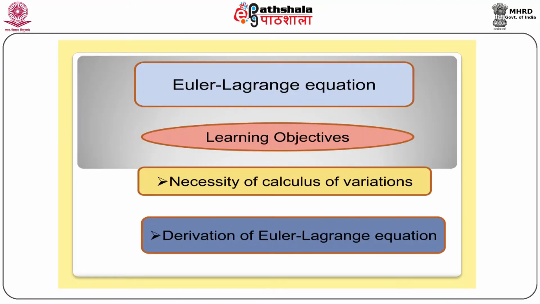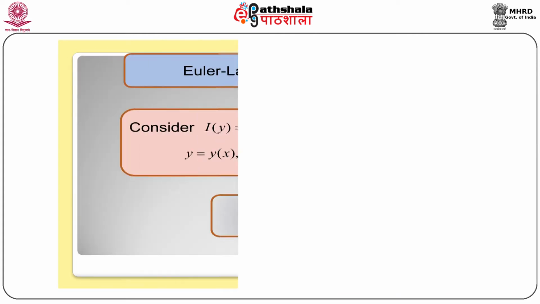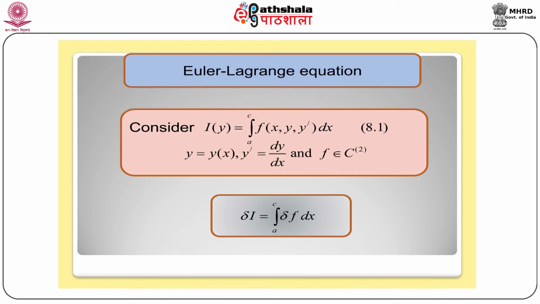In this module, we shall discuss the Euler-Lagrange equation. We now consider a definite integral given by capital I, which depends on y, equal to the integration from a to c of f, a function of x, y and y dash, into dx, where y is equal to y, a function of x, and y dash is equal to d/dx of y.